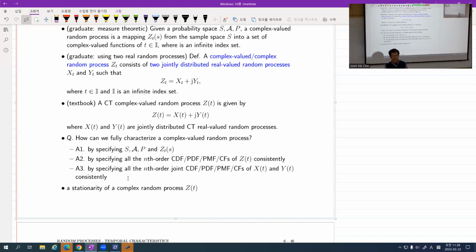And then what did we do? We defined joint stationarity of 2 real valued random processes. We defined joint wide sense stationarity of 2 real valued random processes, right? And that may be helpful because here Z has 2 real valued random processes. So first, how do we define stationarity to order 1?